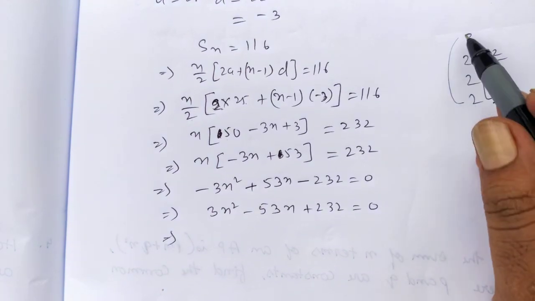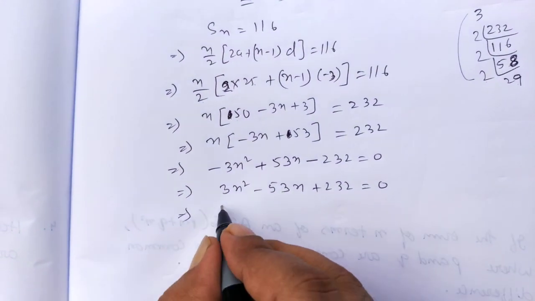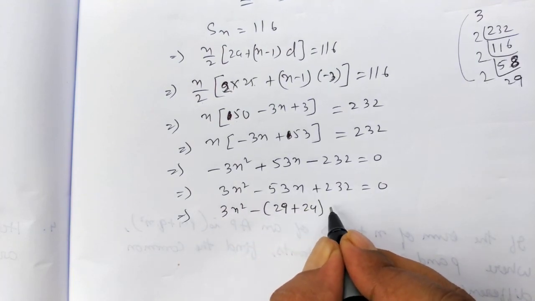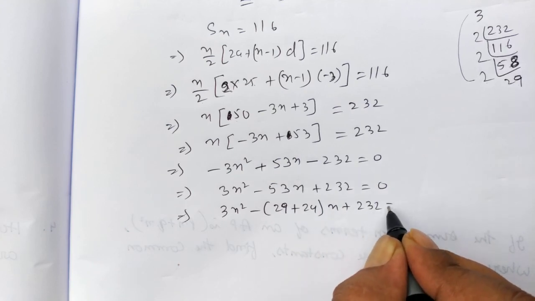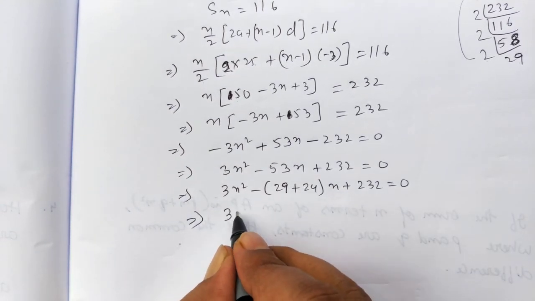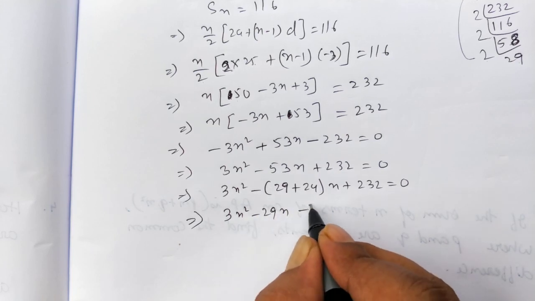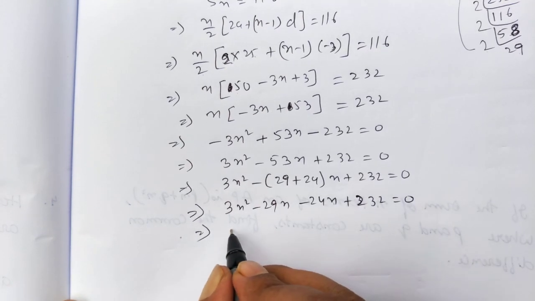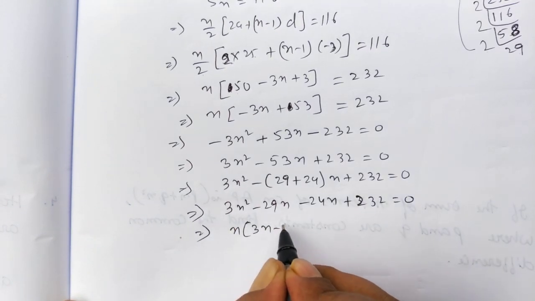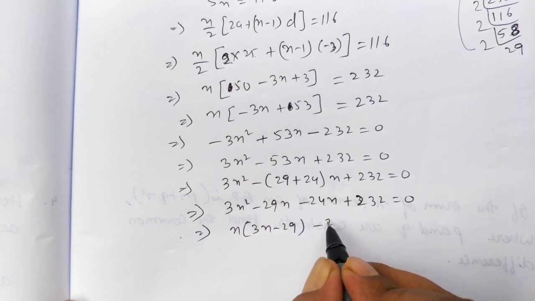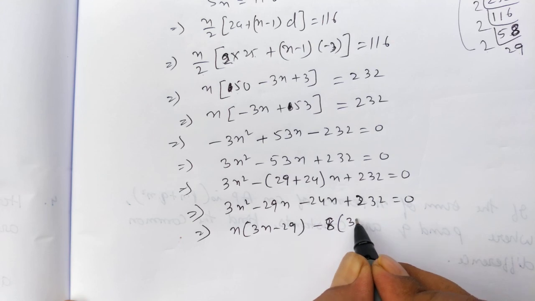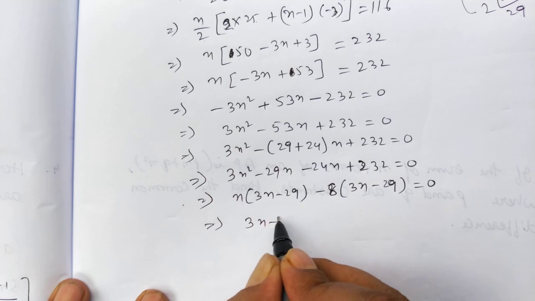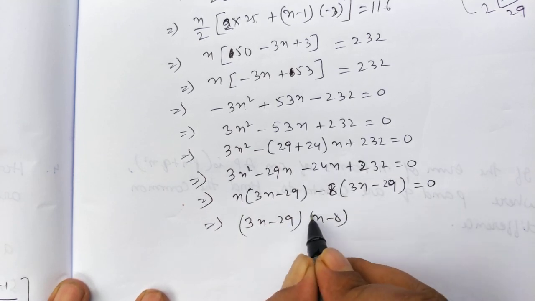If I multiply 8 by 3, that is 24, and 24 plus 29 is 53. So 29 plus 24, so 3n square minus 29n minus 24n plus 232 equal to 0. Here n is common, 3n minus 29. Here 8 is common, 3n minus 29. So we write 3n minus 29, n minus 8 equal to 0.